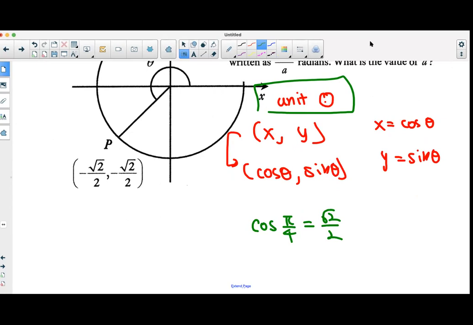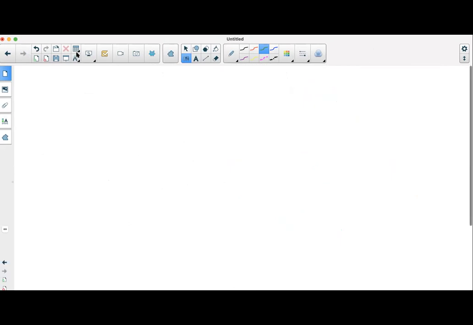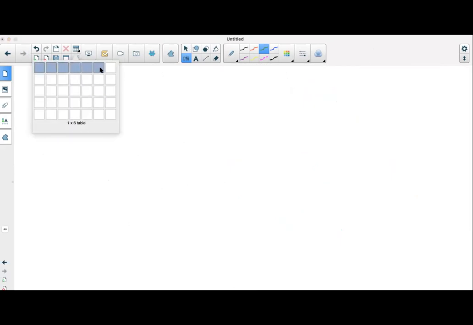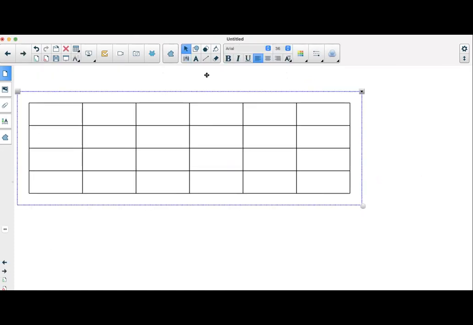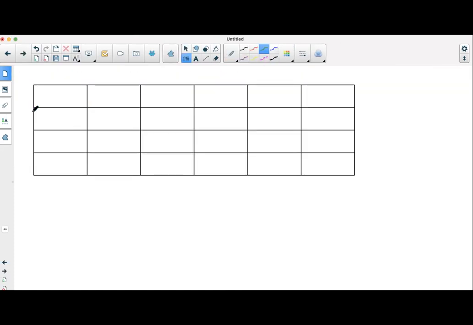To make sure that you understand the entire chart, the entire table, I'm going to give you the table right away, quickly. I need you to write it down here, even if you know it. Sine, cosine, tangent; angle 0, pi over 6, pi over 4, pi over 3, and pi over 2.